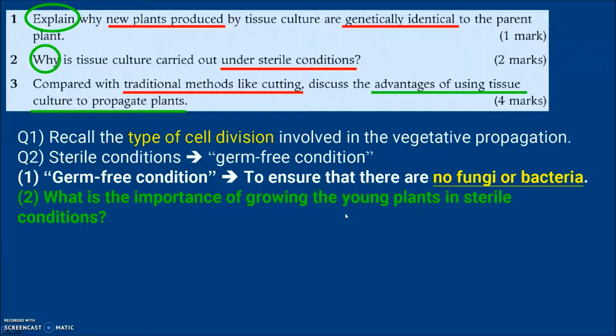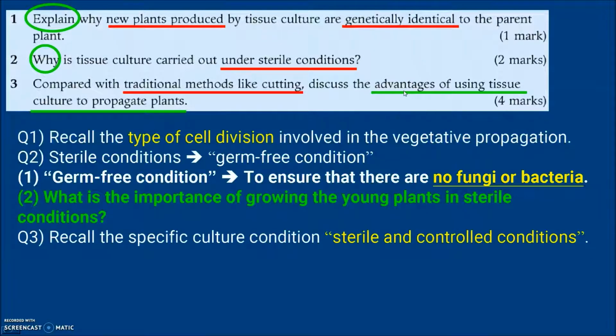For question 3, compare with the traditional method like cutting, discuss the advantages of using tissue culture to propagate the plants. Remember, in this question, even though you see the word compare, it doesn't mean that you need to list out the differences between cutting and tissue culture, because the focus should be the advantages of using tissue culture to propagate the plants. So you need to talk about why we choose this method. Because this method is better. So what are the advantages?